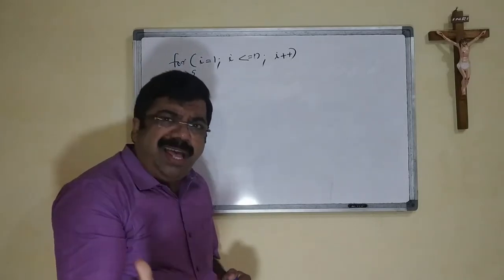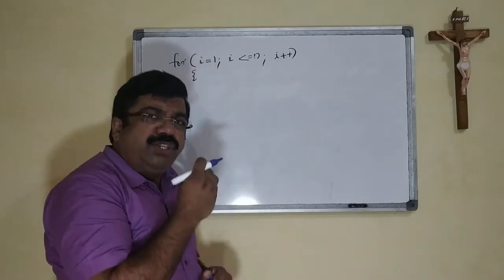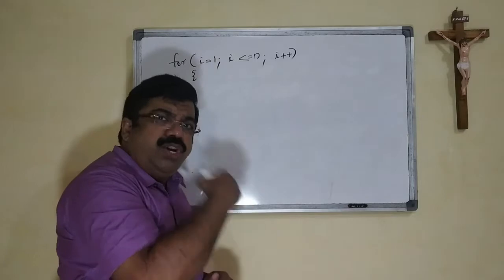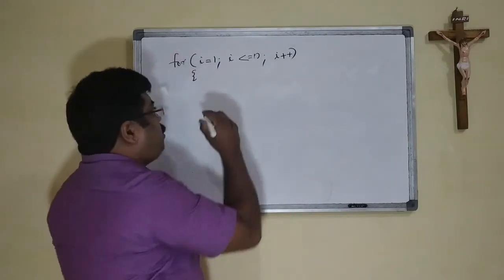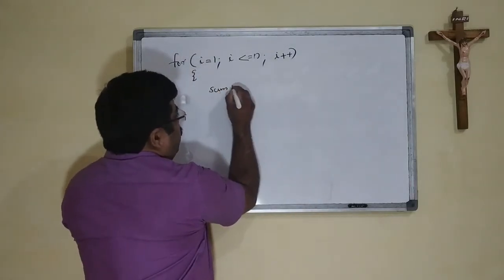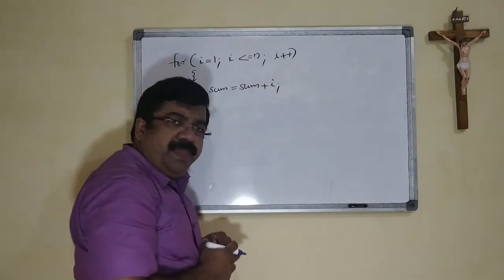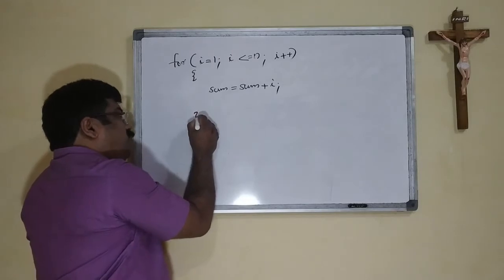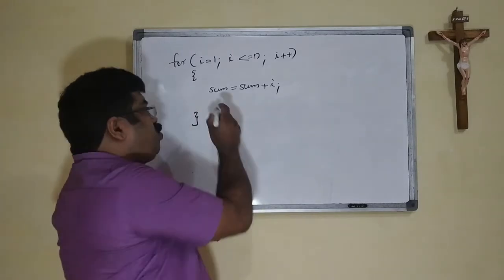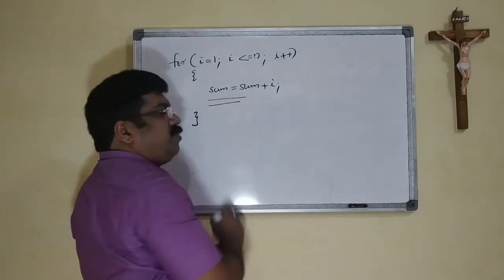I am just adding the sum, that means the numbers from 1 to n will be added to the sum. We are giving it as sum is equal to sum plus i. And then the loop is over.